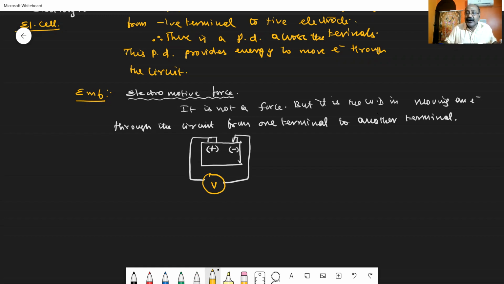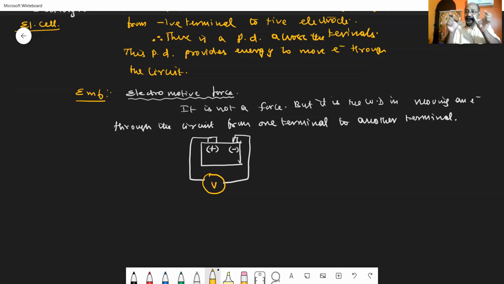So you get the potential difference across the two terminals when no external devices, no external resistances, and no external circuits are connected. Directly, we are measuring the difference in potential between the positive terminal and the negative terminal of a cell or a battery.